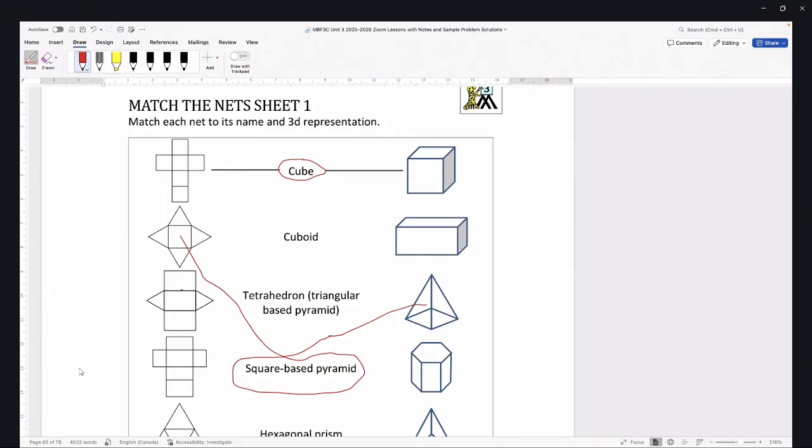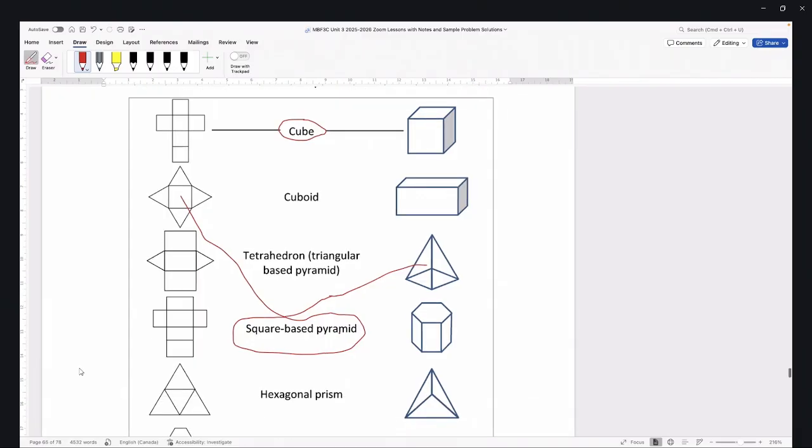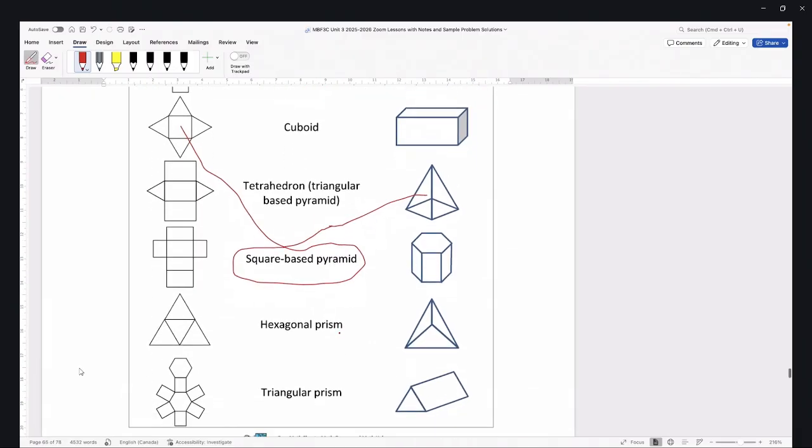This one, we have 3 rectangles and the 2 ends. So when we have 2 ends that are the same, that is going to be a triangular prism. So from here, I'm going to come down and come over, and it's this one.